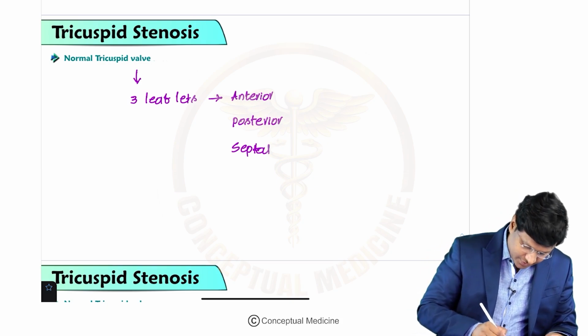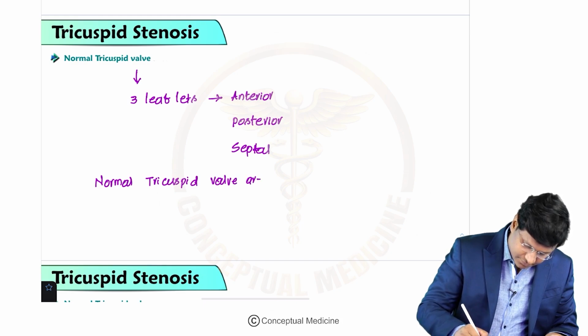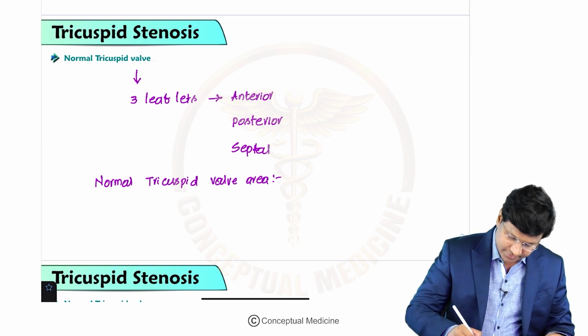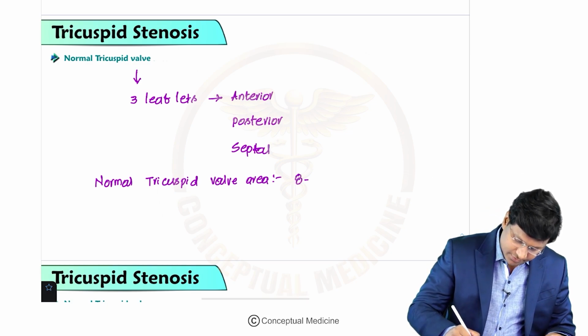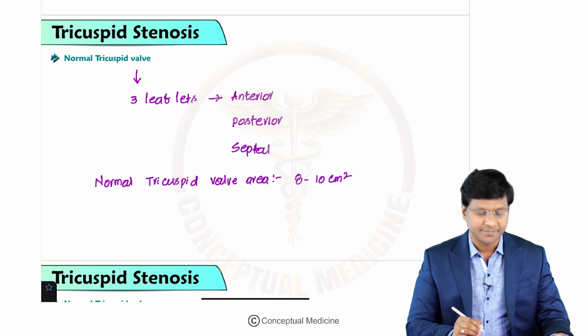And if you take the normal tricuspid valve area, it is around 8 to 10 centimeters square. That is the normal tricuspid valve area.